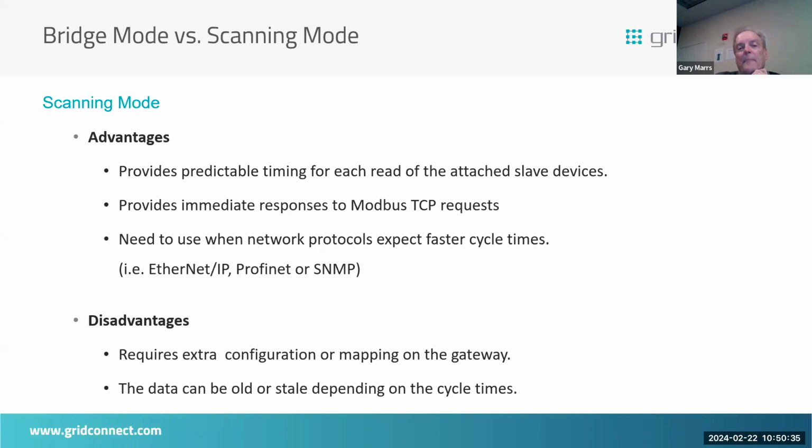And while that may not matter with temperature readings, because temperature moves fairly slowly, if you're talking about pressure or flow or some other variable, it could be important to the application.